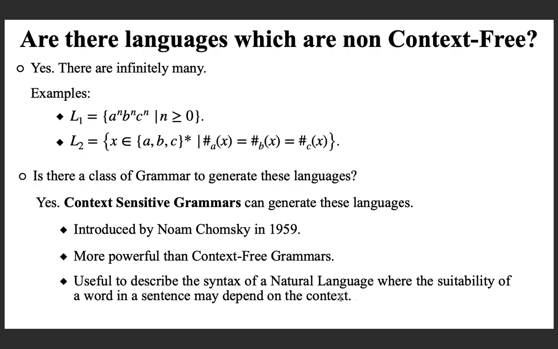You know that even if you look at English, depending on the context in which you are going to apply a word, certain words are more suitable. And to describe such a grammar for a natural language like English, you can go for context sensitive grammars.